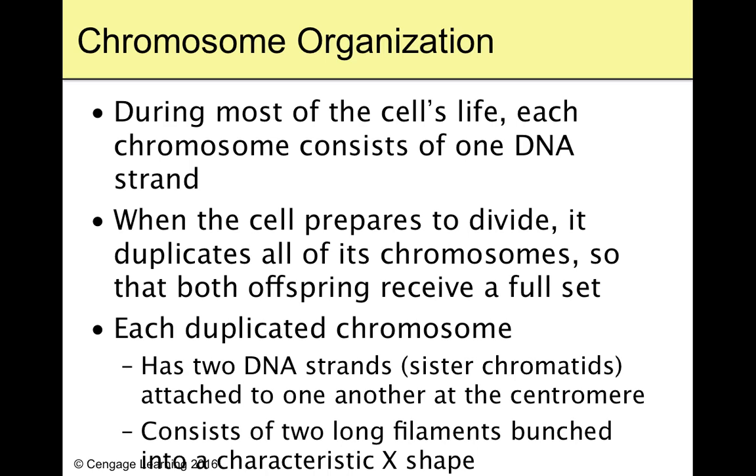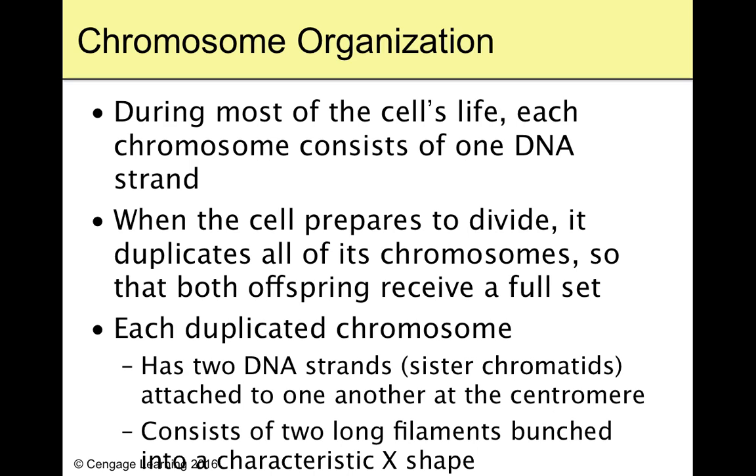Now, when your cell wants to divide, we're talking mitosis, maybe meiosis, it's going to duplicate all of the chromosomes so that both of the offspring, which could be daughter cells, where the cell just pinches itself in half, or could be offspring where we're going through meiosis and truly making sex cells, receive a full set of chromosomes. Either way, you want each new cell to have one copy of chromosome 1, one copy of chromosome 2, and so on. You don't want any information left out.